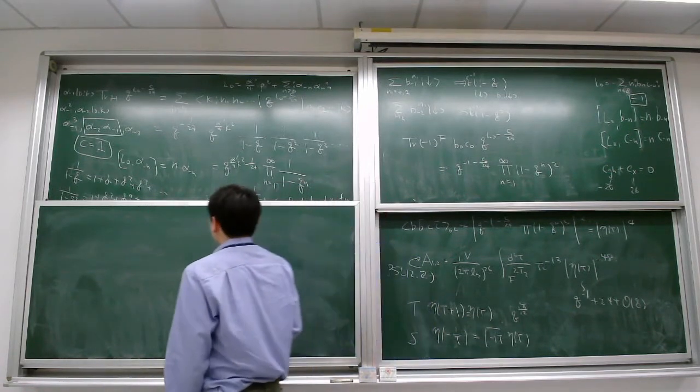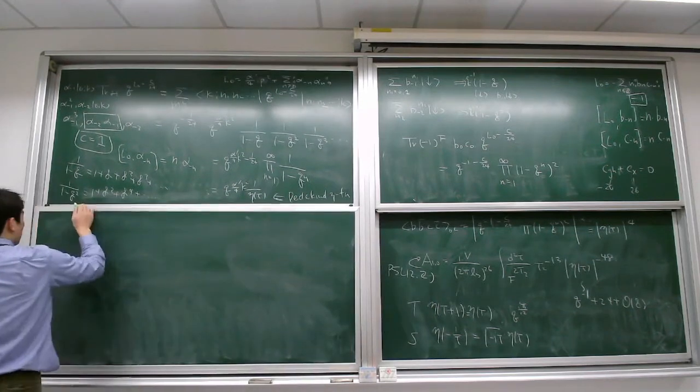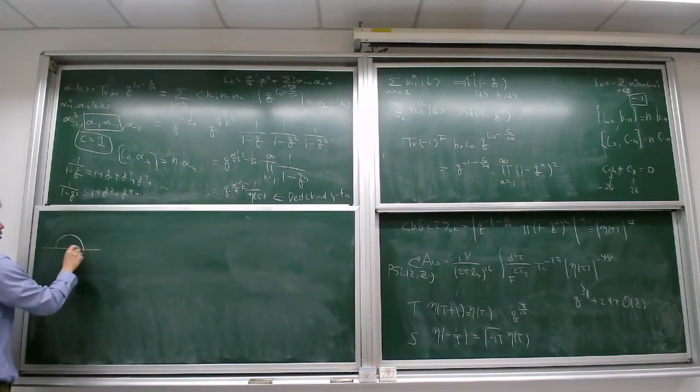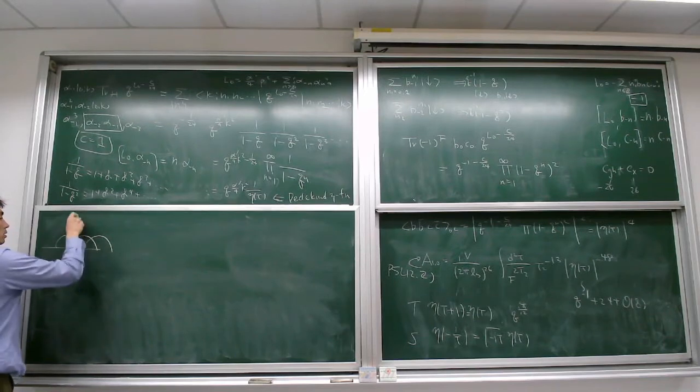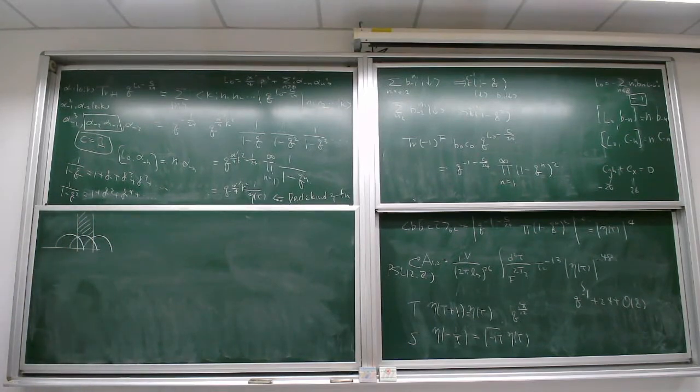And furthermore, this fundamental domain, so integration over the fundamental domain, avoids tau 2 going to 0. Okay?